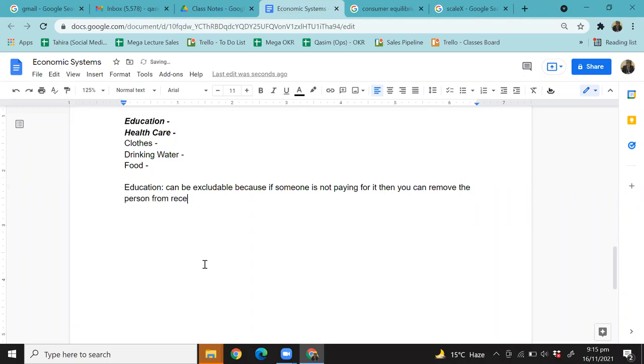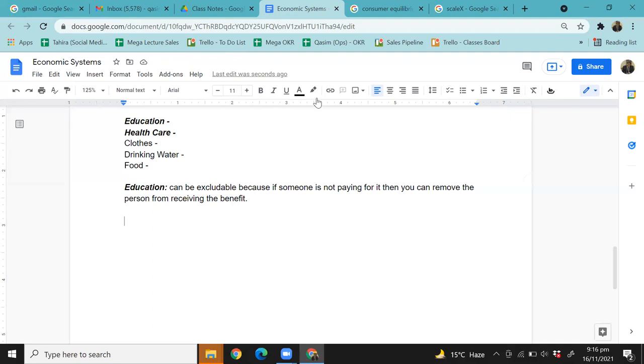Whether it's a public school or a private school, by nature you can tell whether the student has paid the fee or not, right? So technically you can exclude a student who is not paying the fee, which private schools do, right? But obviously the public schools don't, right?